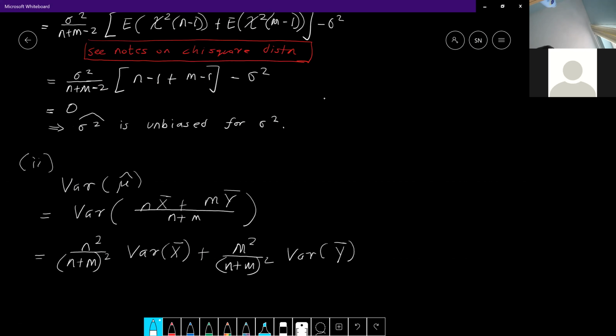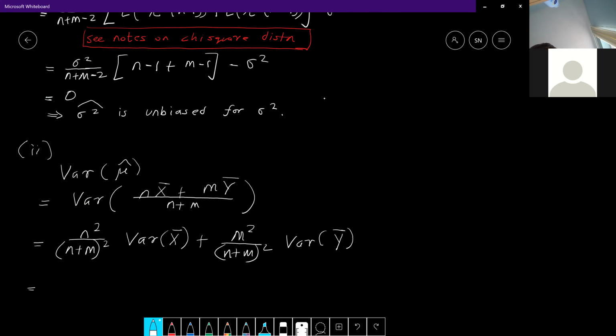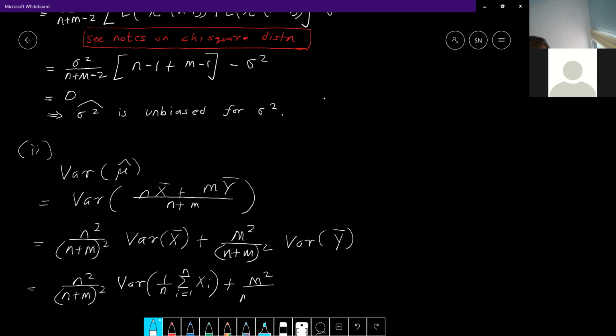Okay, you follow me? So this becomes n squared times the variance of x bar. I'm sure you know x bar is simply 1 over n times the sum of xi. And m squared divided by n plus m squared times the variance of 1 divided by m times the sum of y's.